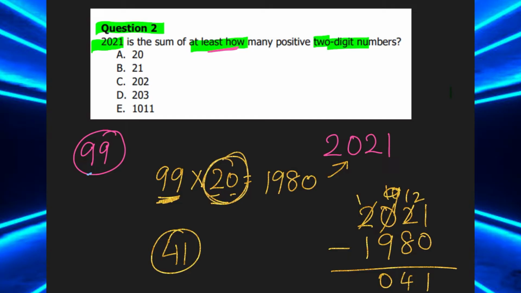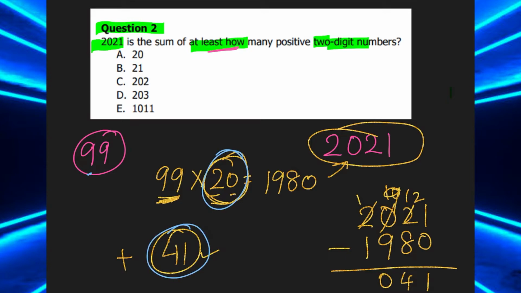So we have taken 20 of the 99s and then we have to add another 41 to get 2021 as our answer. That means we have added 20 of the 99s and another 2-digit number, so 21 numbers together. And this is the least that we can do. All right, the answer is B.